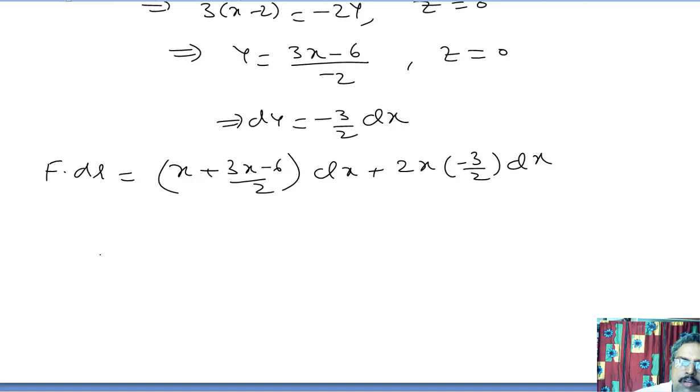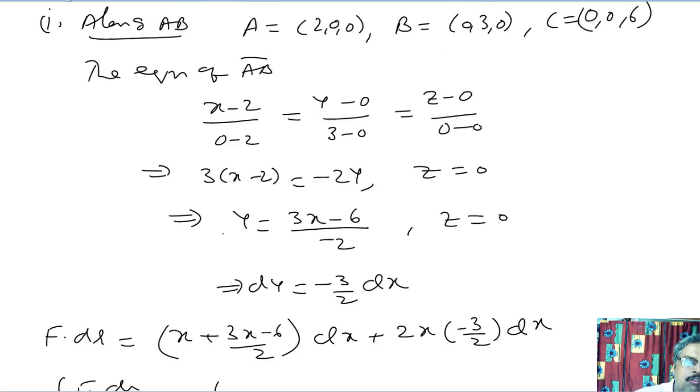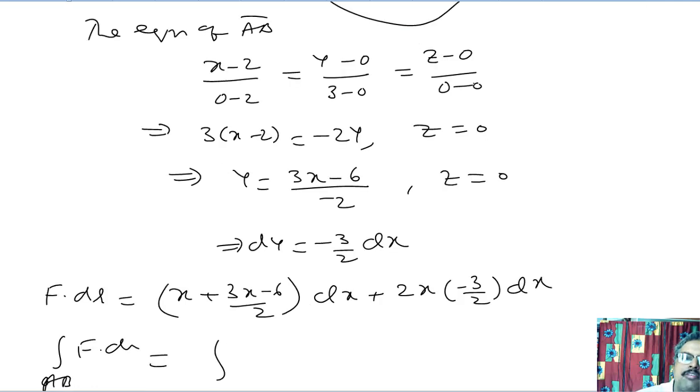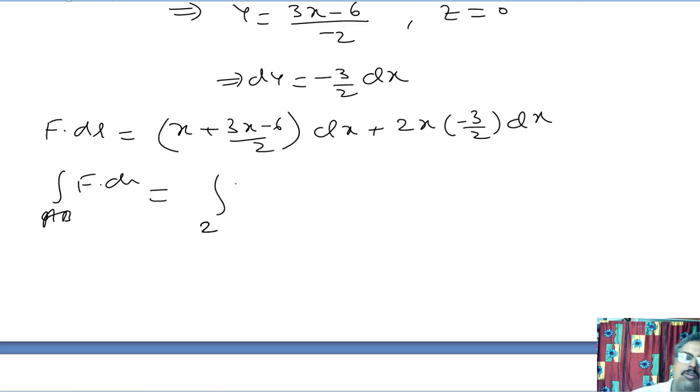Now integrate f dot dr along AB, with x limits 2 to 0. This is 5x by 2 minus 3x dx.